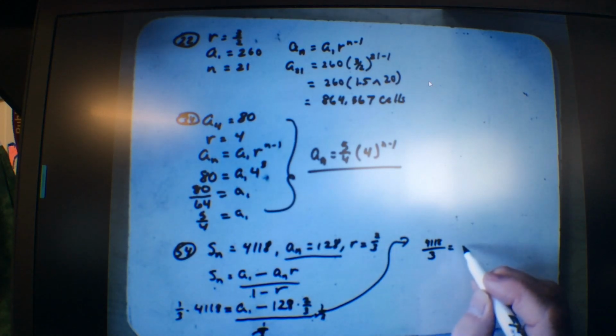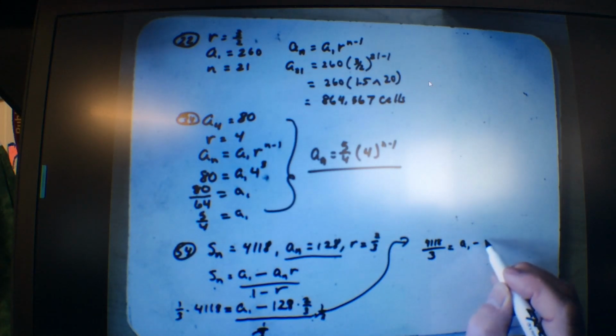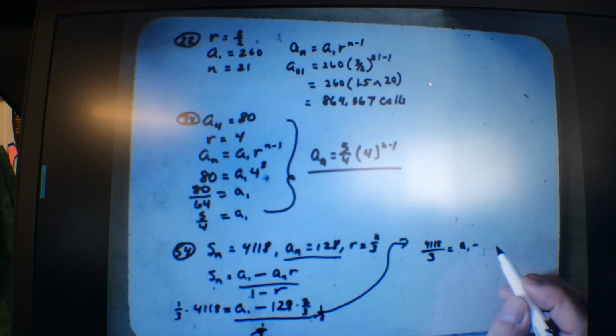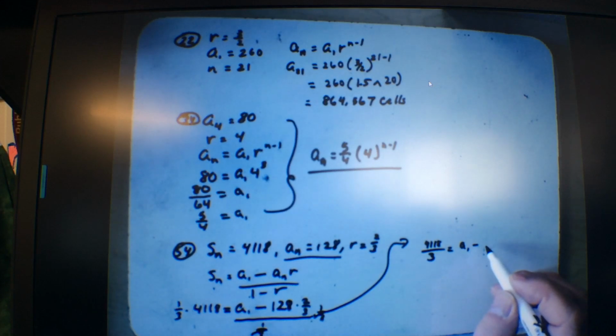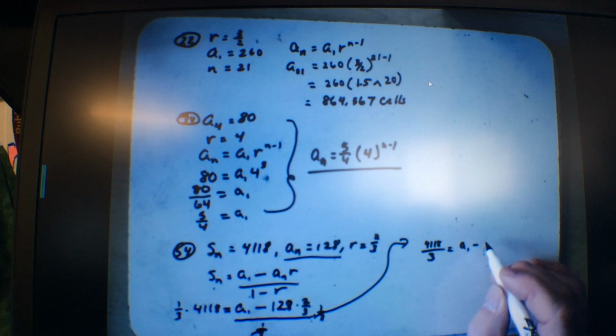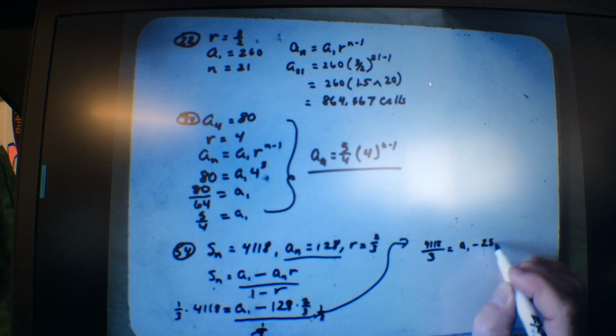That equals a sub 1 minus 128 times 2/3, which is what? I'm going to leave it in terms of thirds, and I'll show you why in a minute. What's 128 times 2? 256. 256 over 3.